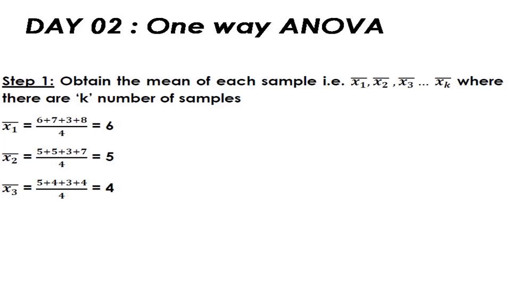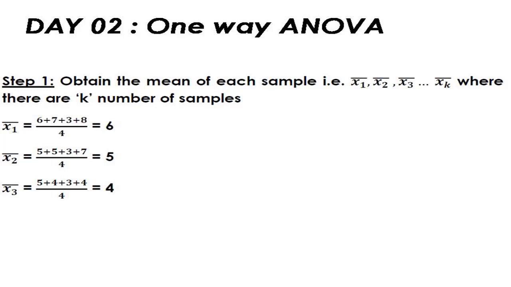So x1 bar will be equal to the sum of the values given in column 1 divided by the number of items in column 1, that is (6 plus 7 plus 3 plus 8) divided by 4, equal to 6. Similarly, x2 bar will be equal to (5 plus 5 plus 3 plus 7) divided by 4, equal to 5, and similarly x3 bar will be equal to (5 plus 4 plus 3 plus 4) divided by 4, equal to 4.